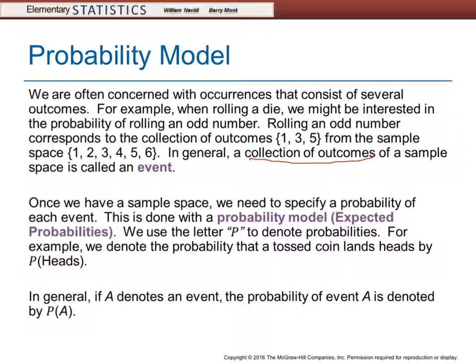Once we have a sample space, we need to specify the probability of each event. This is done with a probability model, and sometimes we call it expected probabilities. We use P to denote probabilities. For example, we denote the probability that a toss of a coin lands heads by P of H, or P of heads.